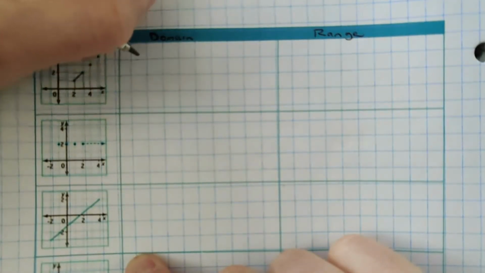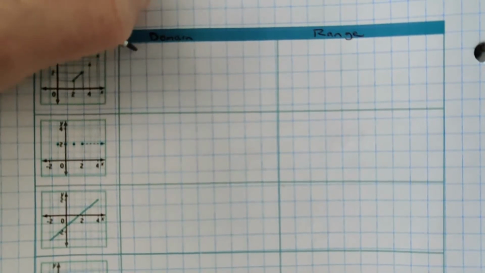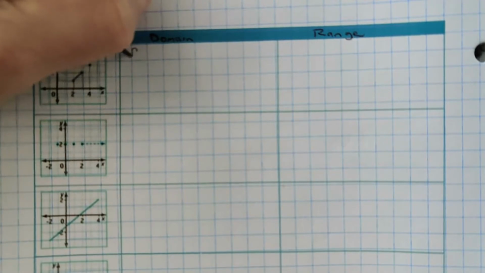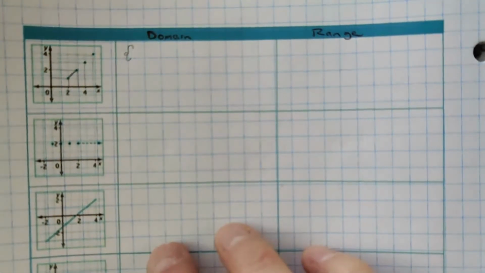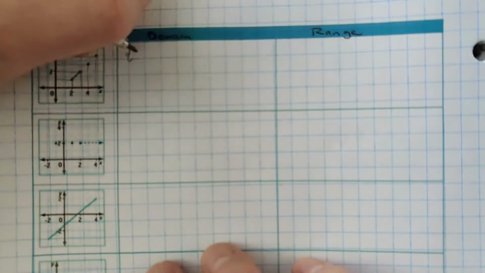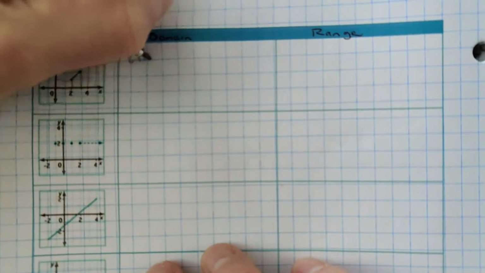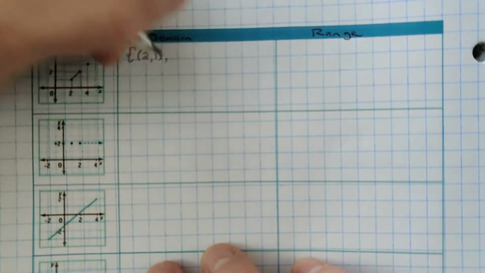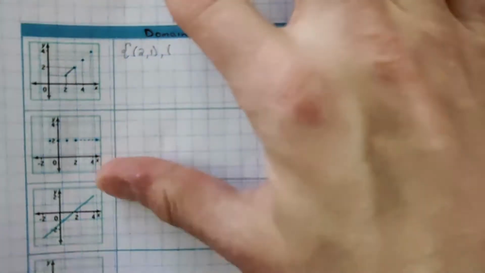So the domain, there's two ways of doing this. One is set notation, and so we can note the set, and we use curly brackets to note the set of values, and we can just list out all the points. Actually, sorry, I'm listing the points.